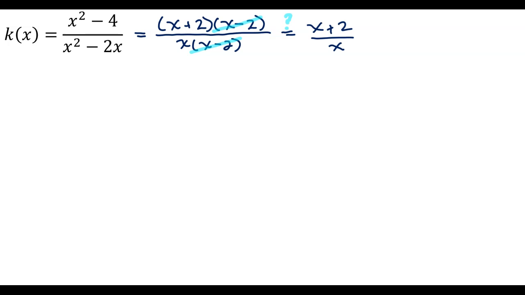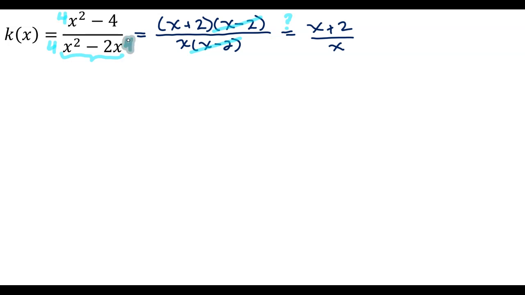It turns out that the answer is it's really close. The only difference between these two functions is that in the original function, you cannot plug 2 in. If you plug in 2, you get 4 minus 4, which is 0 on the top, and 4 minus 4, which is 0 on the bottom, and 0 over 0 is undefined.